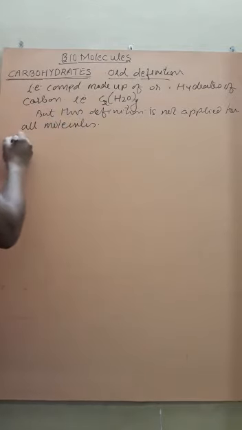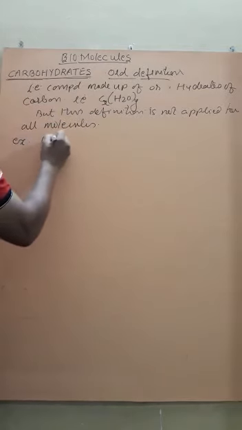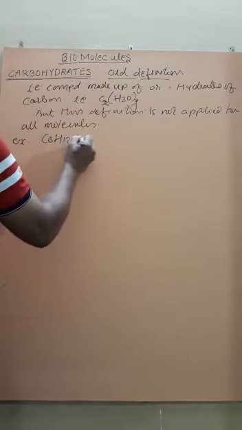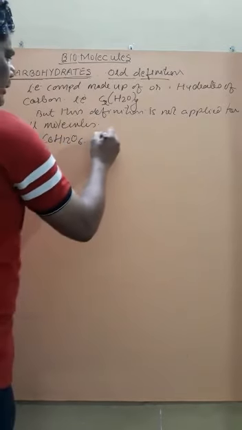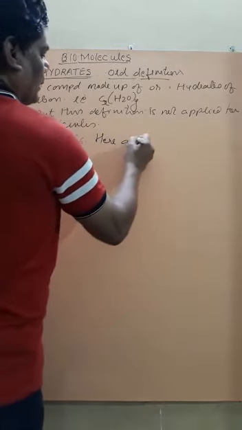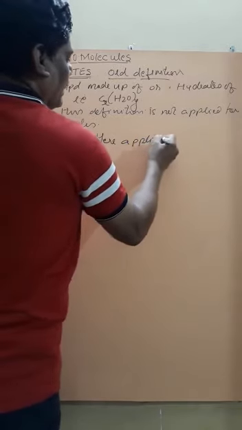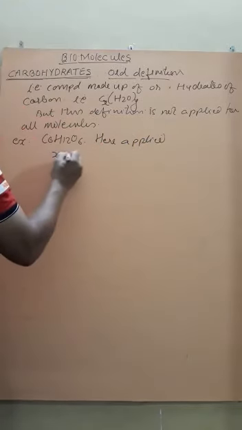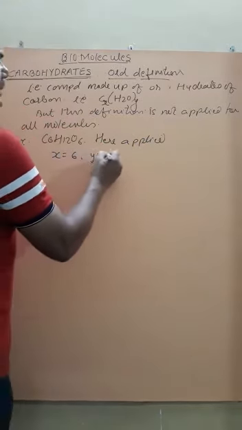For example, C6H12O6, here it is applied. How? x is equal to 6 and y is equal to 6.